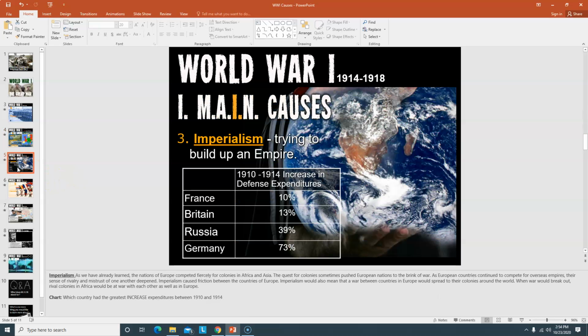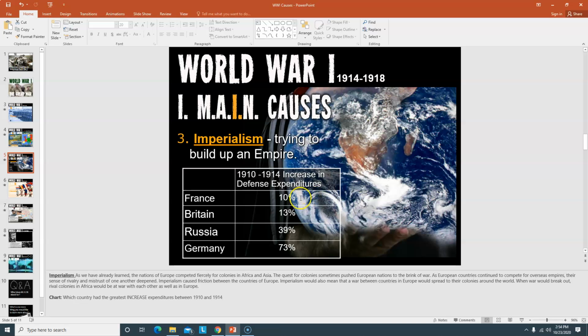The third cause of World War I is imperialism. So the building up of an empire. And here you've got a chart on this slide. On the left, it says France, Britain, Russia, Germany. The title of the chart is 1910 to 1914, Increase in Defense Expenditures. Defense expenditures is the amount of money a country spends on defense, or essentially military, building up their militarism.